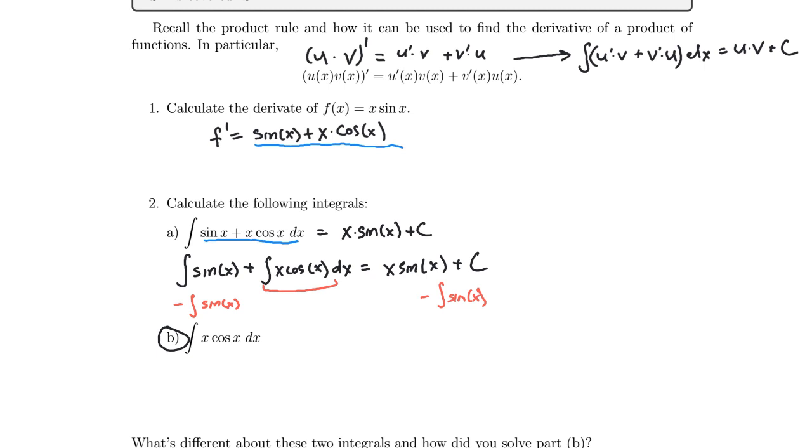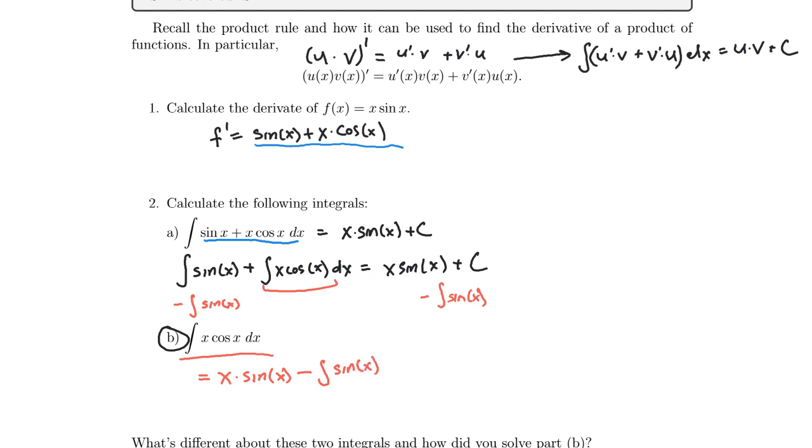And so when it comes time, again, I'll skip down below now, to calculate the integral of x cosine of x dx, I can simply recognize that this will equal x times sine of x, I'll hold off on the plus c for a moment, minus the integral of sine.